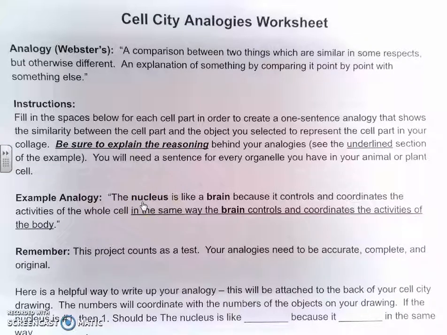So you're going to be writing a sentence for each one of the organelles that will be found inside of your cell. So if you're talking about a plant cell, you'll want to make an analogy about a cell wall. But if you're talking about an animal cell, you don't have a cell wall. So in that case, you would not need to write it down.